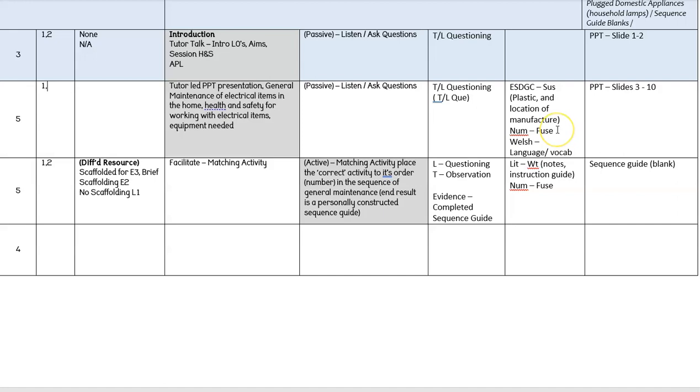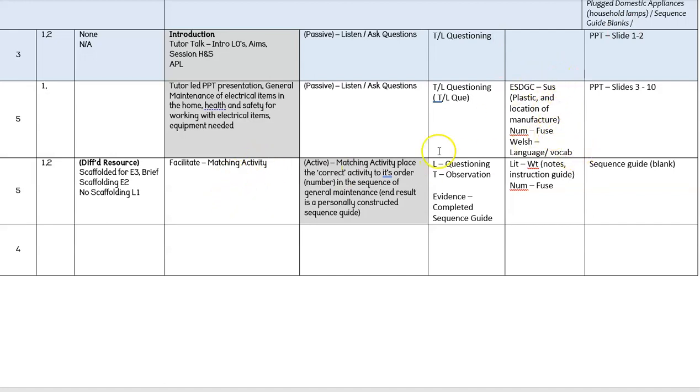I'm not an electrician, by the way. If I was, I would be able to tell you what that really means. And this is only basic. I'm also going to use Welsh language and vocabulary, so I'm going to deliberately use vocabulary of the correct terms for these particular items. My Welsh isn't very good, and I should have prepared myself before this video so that I could have included them here now, but there we go.